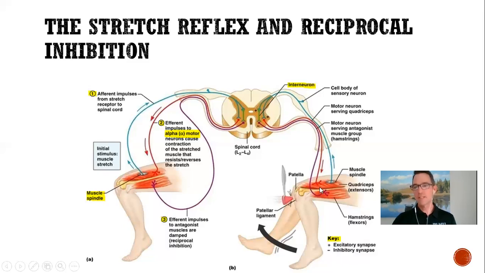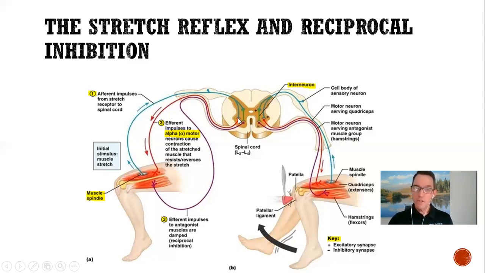What happens is the quads, through the quad tendon, get stretched. The muscle spindle afferent senses the rate and magnitude of stretch in a muscle. It sends an excitatory impulse to the spinal cord. The spinal cord has an interneuron with which that muscle spindle afferent synapses, right?